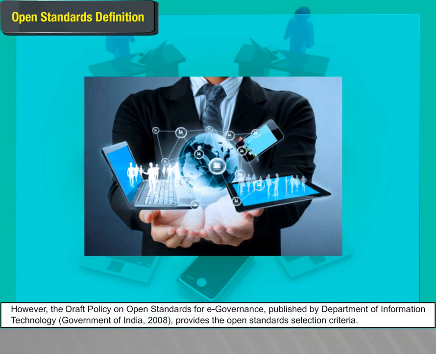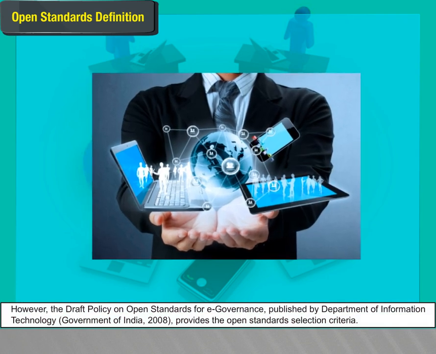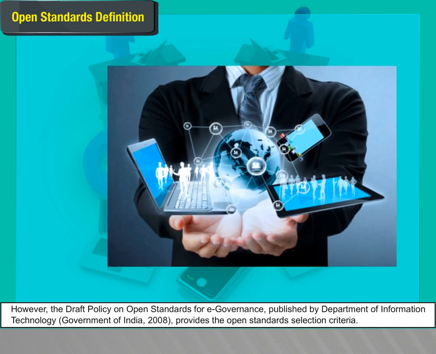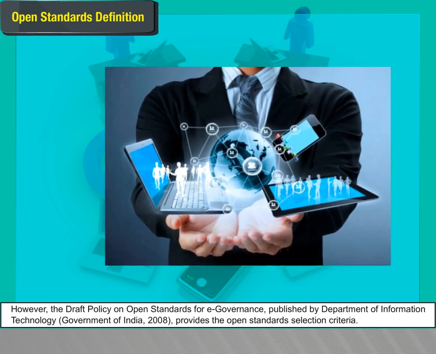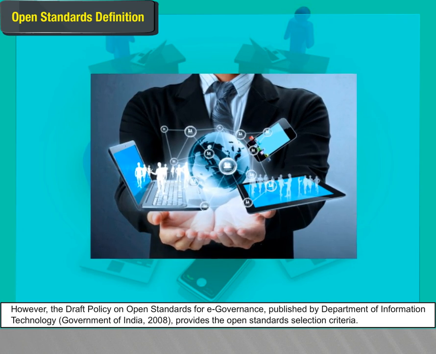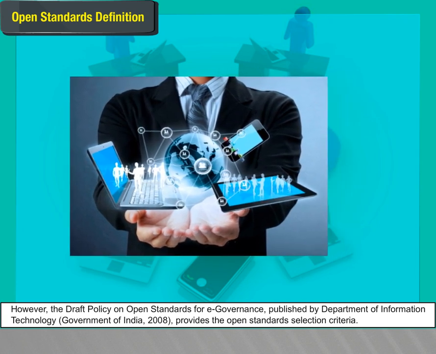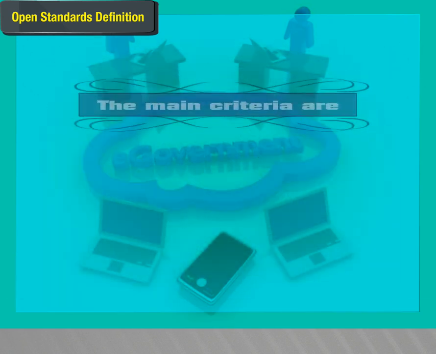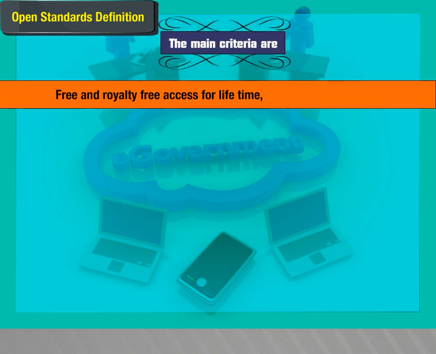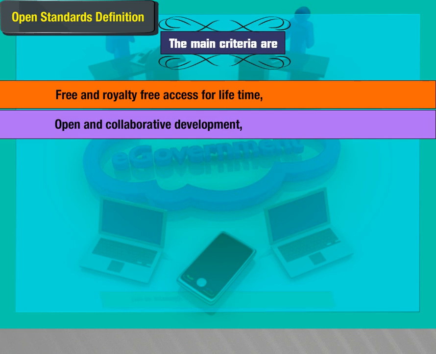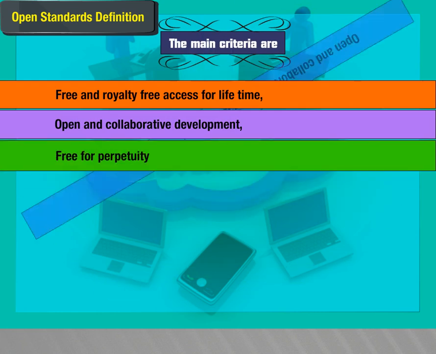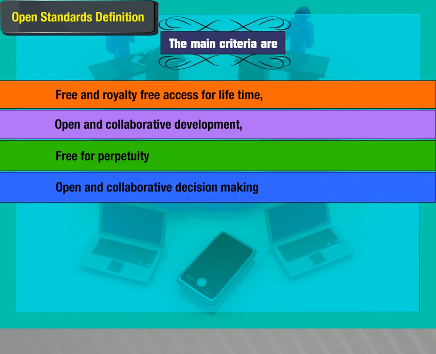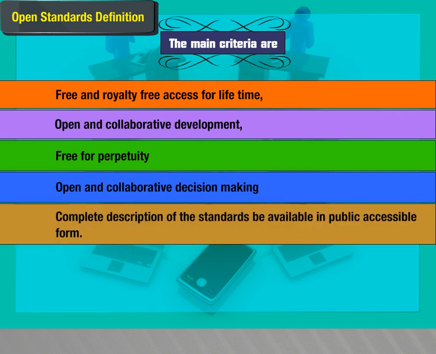However, the draft policy on open standards for e-governance published by Department of Information Technology, Government of India 2008 provides the open standards selection criteria. The main criteria are free and royalty-free access for lifetime, open and collaborative development, free for perpetuity, open and collaborative decision-making, and complete description of the standards be available in public accessible form.